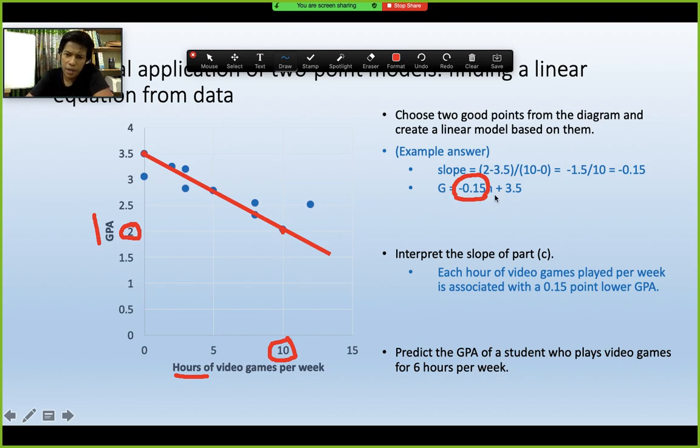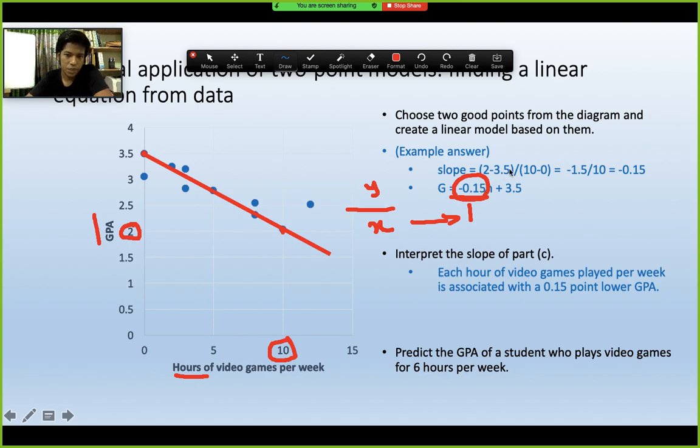So in the interpretation of slope, slope means change in y divided by change in x. And our answer came minus 0.15. That means minus 0.15 divided by 1, so x is 1 and y is minus 0.15.